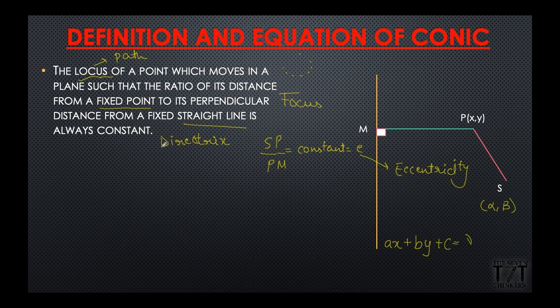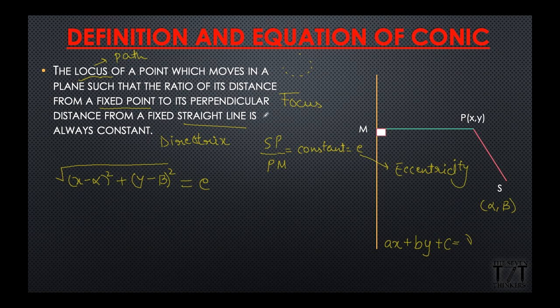So what will be the value of SP? It will be root under x minus alpha whole square plus y minus beta whole square. Just using the distance formula for S and P. Taking PM to the right hand side, which will be multiplied by E, that is eccentricity.